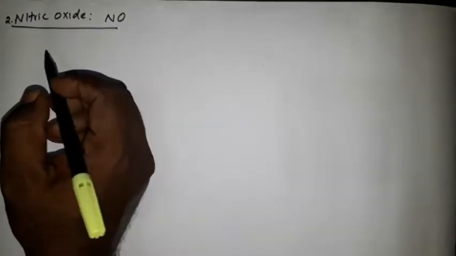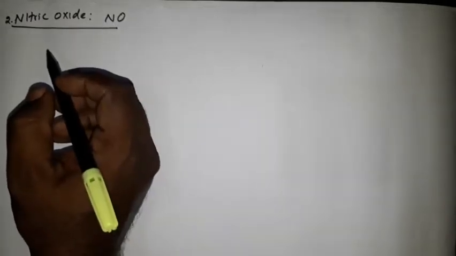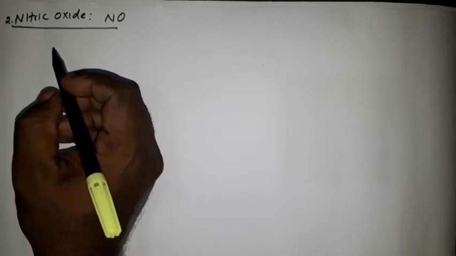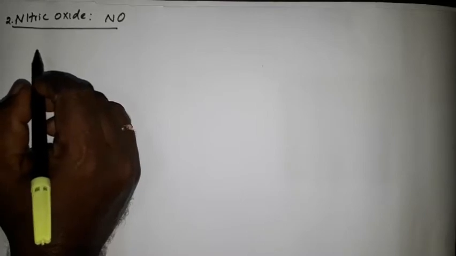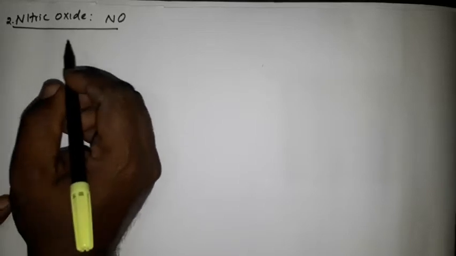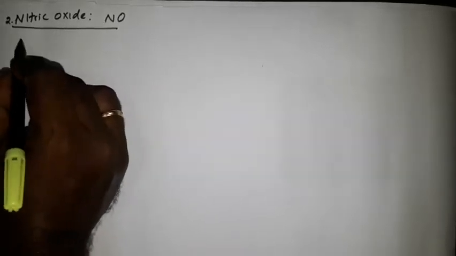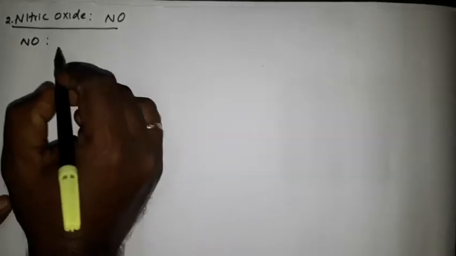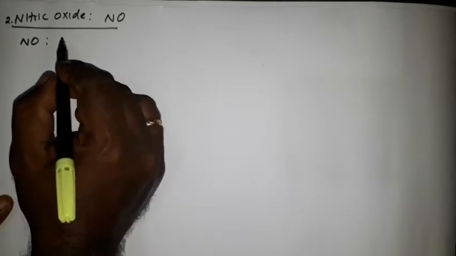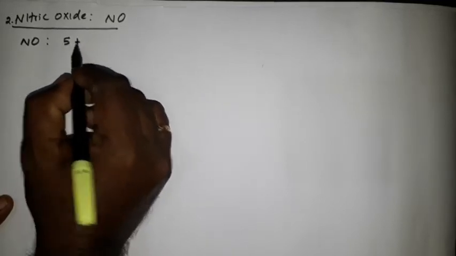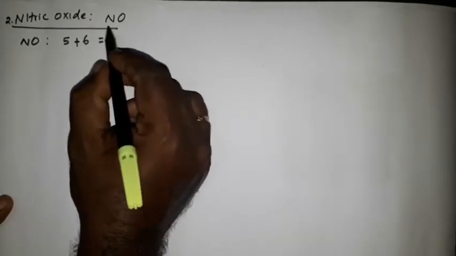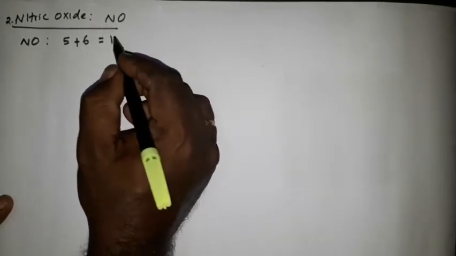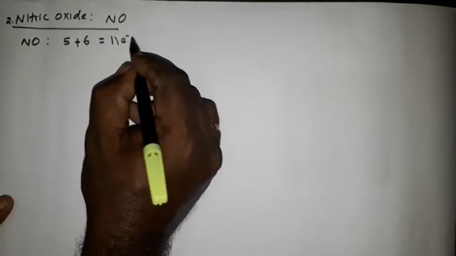So, you already know very well how to draw the Lewis structure. For that, first step, you have to calculate the total number of valence electrons in the compound. So, NO: nitrogen valence electrons 5, oxygen valence electrons 6. So, total number of electrons present in this NO, nitric oxide, is 11 electrons.